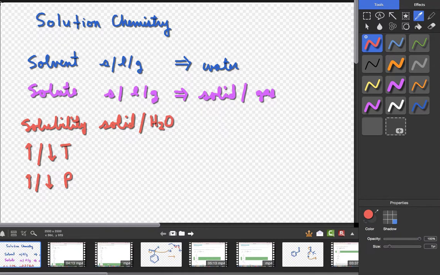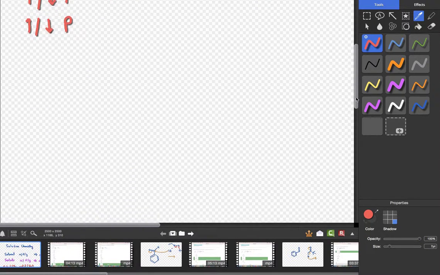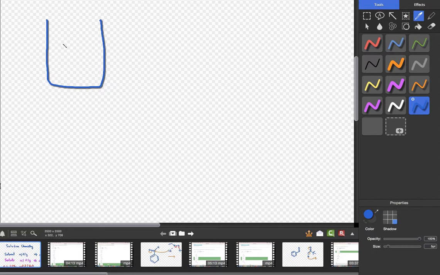So in order to really discuss this with all the detail that we need to worry about on the test, let's talk about the process of dissolution. Dissolution is thought to be a three-step process.